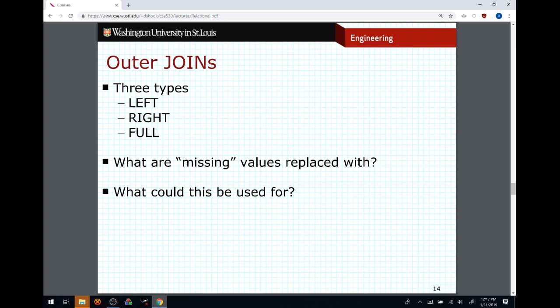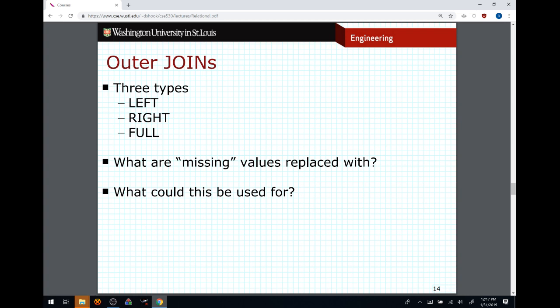So there's another kind of join to talk about as well called an outer join. In this particular example, I performed an inner join, this table joined with this table. If I performed an outer join, there's actually three kinds, technically kind of only two, but three kinds of outer joins to consider.